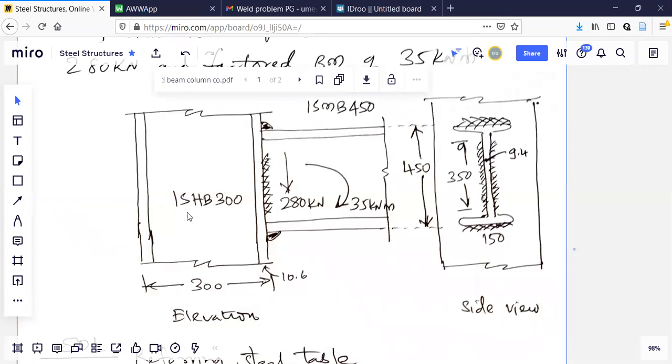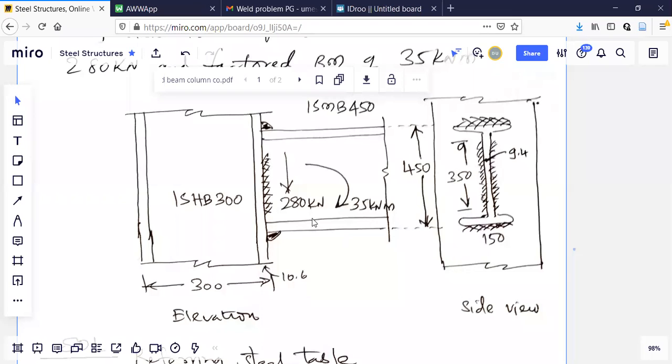In this case, the weld to be applied is given here. The dimension of the beam section is 150 by 450.